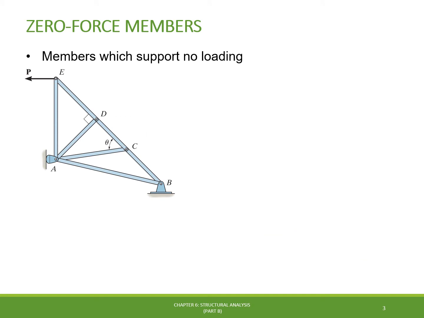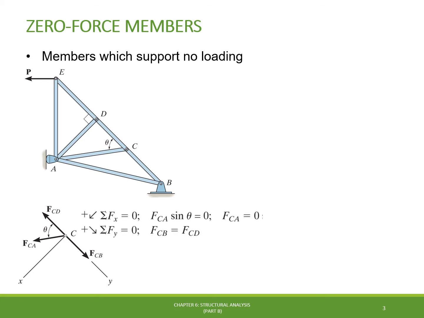Now, let's consider another truss like the one shown in this video. If we take the free body diagram for joint C and solve the equilibrium equations for the x and y directions, we'll see that FCA is equal to 0 and FCB is equal to FCD. This means that member CA is a zero-force member and can be eliminated from the structure.